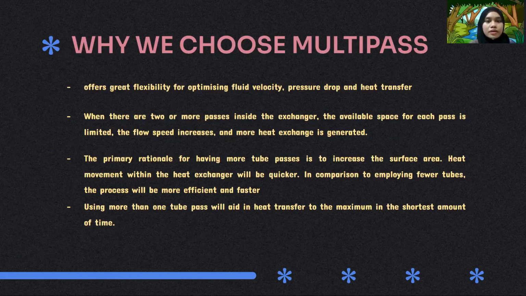In other words, the primary rationale for having more tube passes is to increase the surface area. Heat movement within the heat exchanger will be quicker. In comparison to employing fewer tubes, the process will be more efficient and faster. So using more than one tube pass will aid in heat transfer to the maximum in the shortest amount of time. So that's all. Thank you.